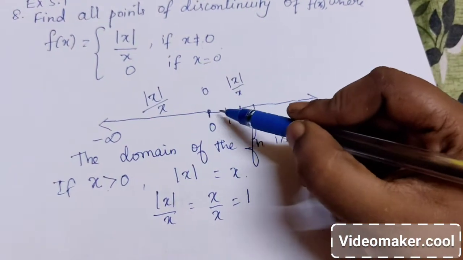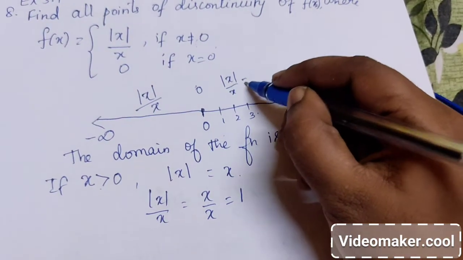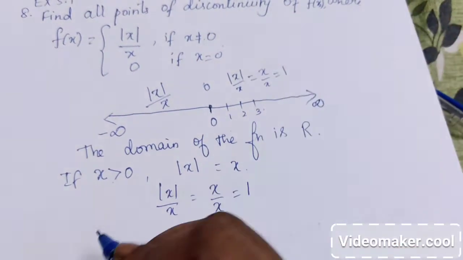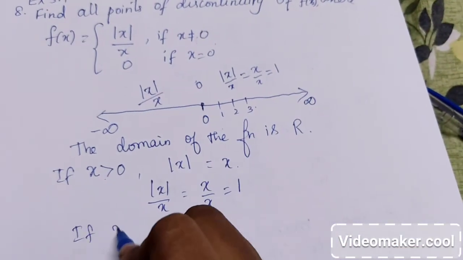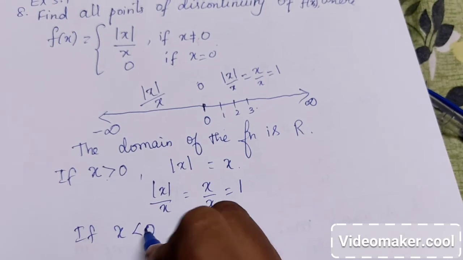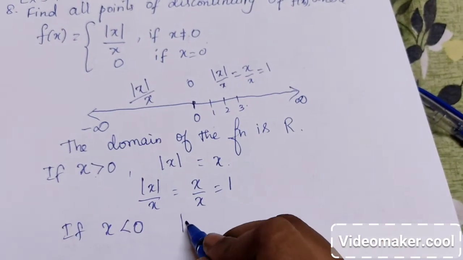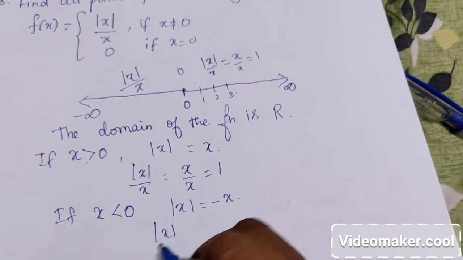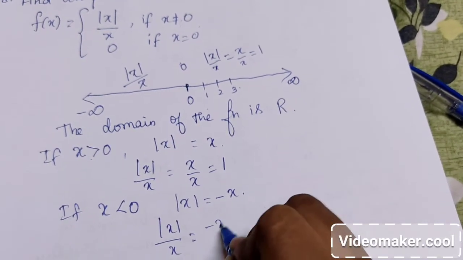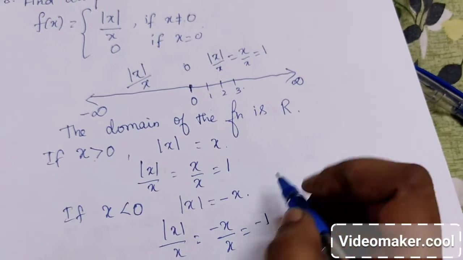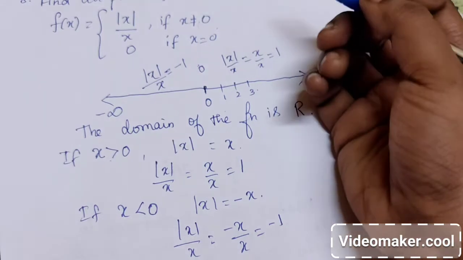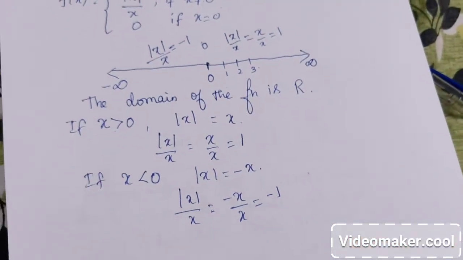When the values of x are positive, we get 1. If x is negative, less than 0, mod x will be minus x. So mod x by x will be minus x by x, which is minus 1. When the input values are negative, we get minus 1 as the functional value.